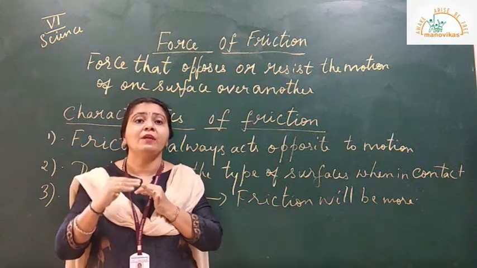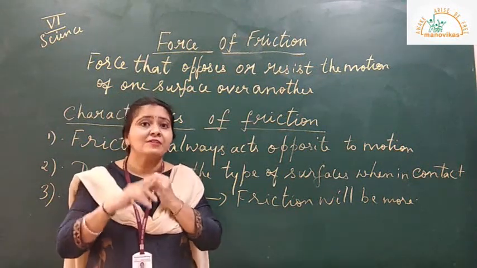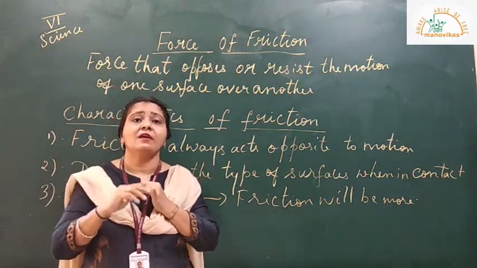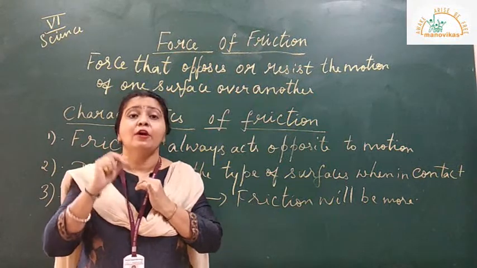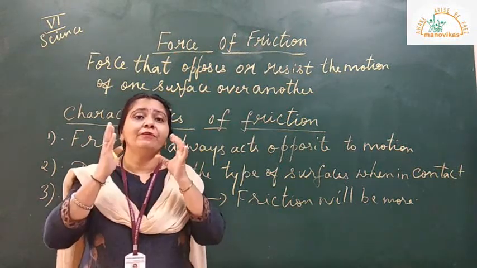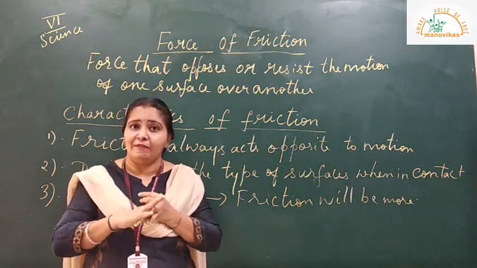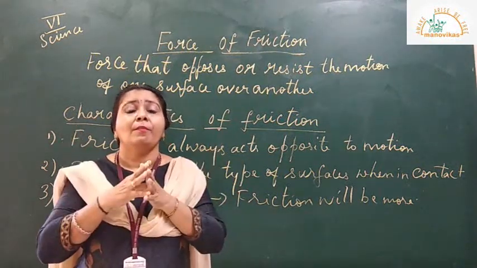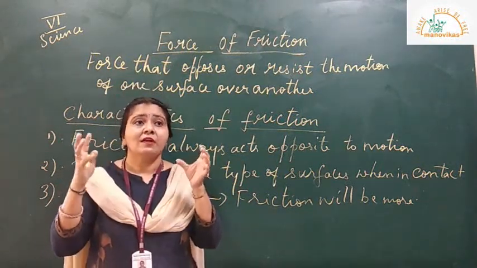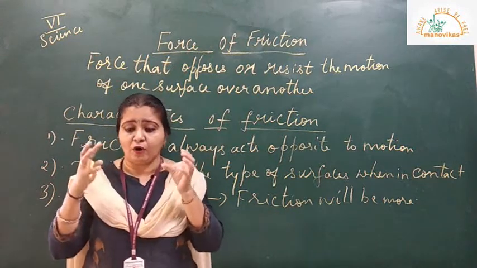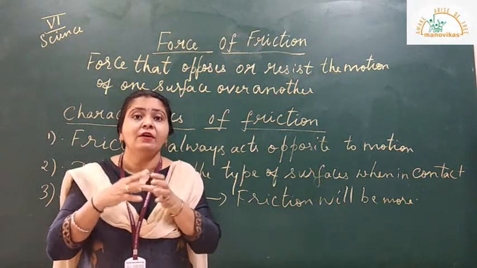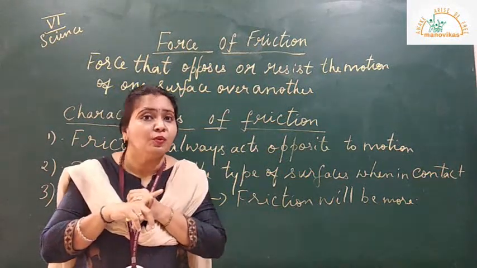So the first theory is that any smooth surface has rough parts, and the depressions and elevations lock into each other and cause resistance to motion.